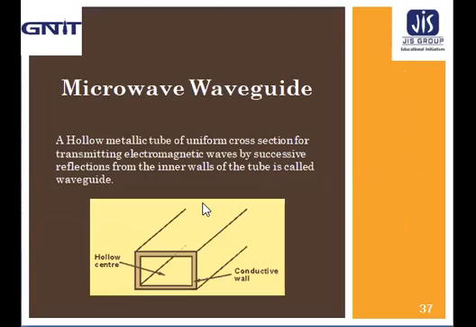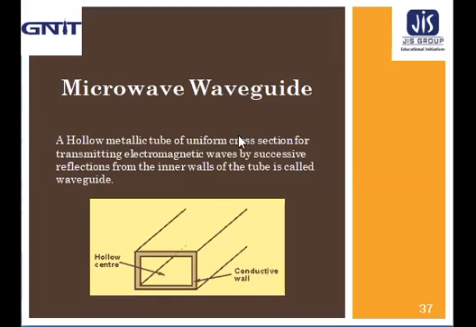Generally, if the frequency of a signal or a particular band of signal is high, the bandwidth utilization is high as the signal provides more space for the other signals to get accommodated. But the high frequency signals can't travel long distances without getting attenuated. Now, what is a microwave waveguide?